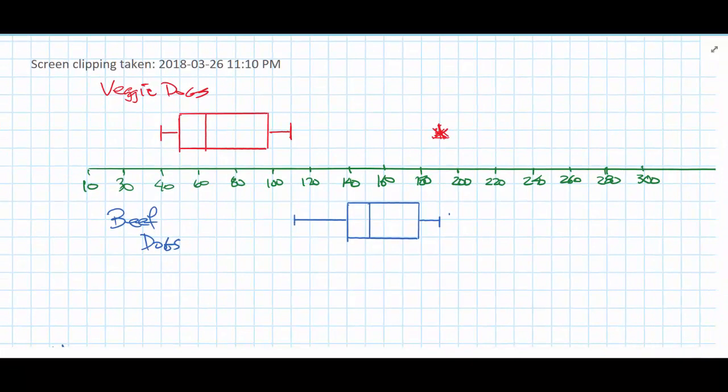So here's the modified box plot for beef dogs.